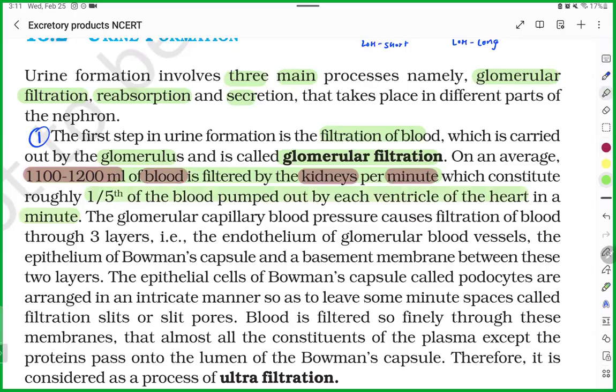Tanya, what is the amount of blood supplied by the ventricle in each minute?